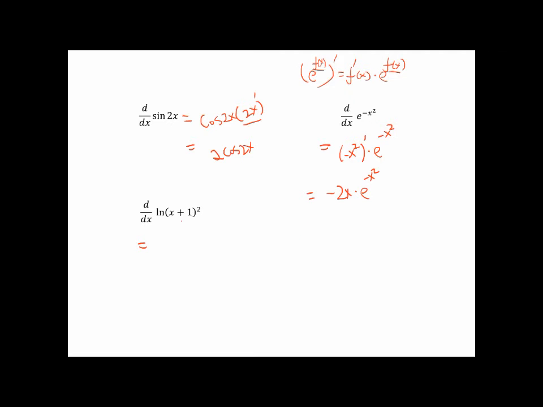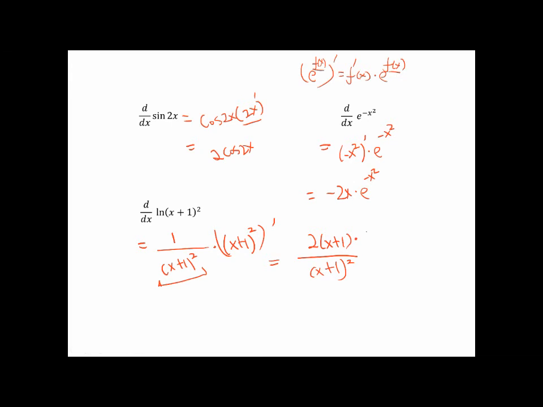We remember that the derivative of natural log x equals 1 over x. Here it is the same thing: 1 divided by (x plus 1) squared, and by the chain rule, times the derivative of (x plus 1) squared. We want to solve this. It equals 2(x plus 1) divided by (x plus 1) squared, right?